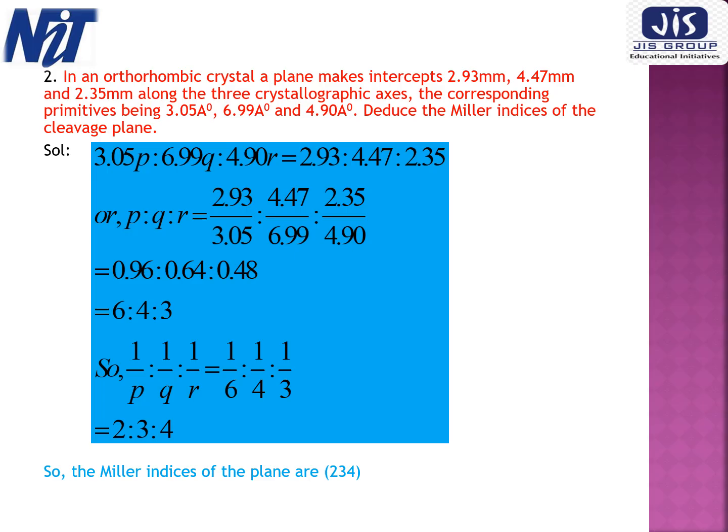So from that we will get, after simplification, 0.96 ratio 0.64 ratio 0.48, and these are in the ratio 6 ratio 4 ratio 3. Now taking the reciprocals, 1 by P ratio 1 by Q ratio 1 by R is equal to 1 by 6 ratio 1 by 4 ratio 1 by 3. So we will get the Miller indices of the plane as 2, 3, 4.